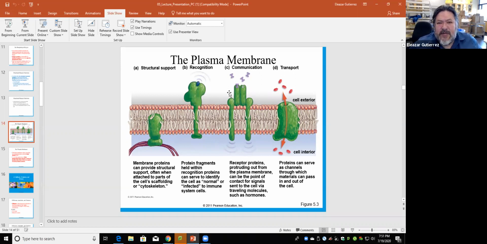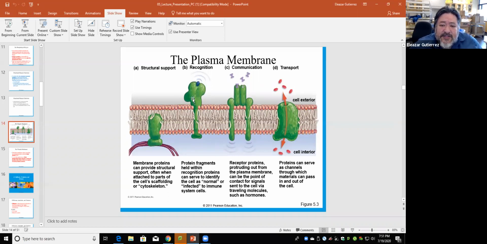Plus it has to tell everybody that it's part of our body, so that's another recognition protein. And then communication. Oh my goodness, there's got to be hundreds of hormones telling each cell what to do every minute of every day. So you have 100 different receptors and the different things that need to come into and out of the cell. There's got to be 100 or more transport proteins.